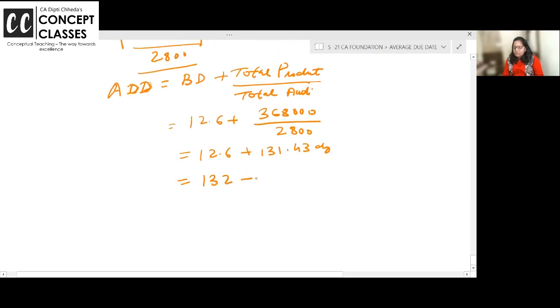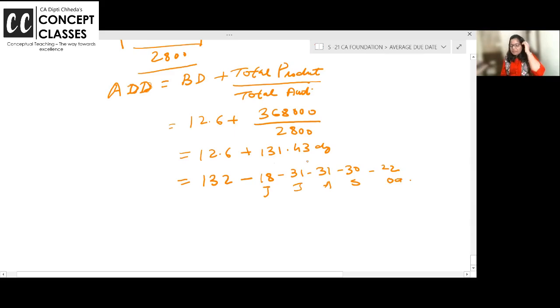So 132 days: if you take 18 days of June, 31 days of July, 31 days of August, 30 days of September, 31 days of October, see how much comes. 132 minus 18 days of June, 31 July, 31 August, 30 September, 22 October is coming.